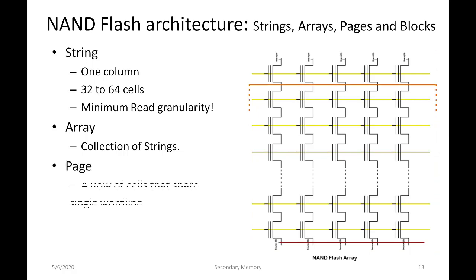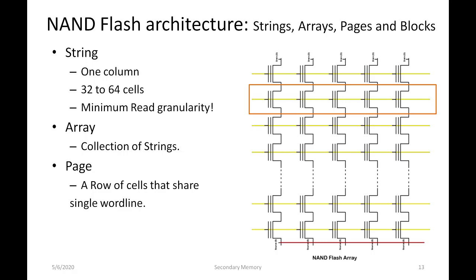Now we have the notion of a page, which is a row of such flash cells that share a single word line. Here the word line is shown as the yellow line, and all the cells in a row will have the same word line.